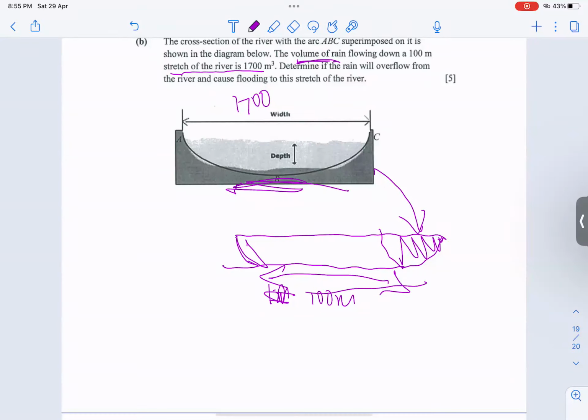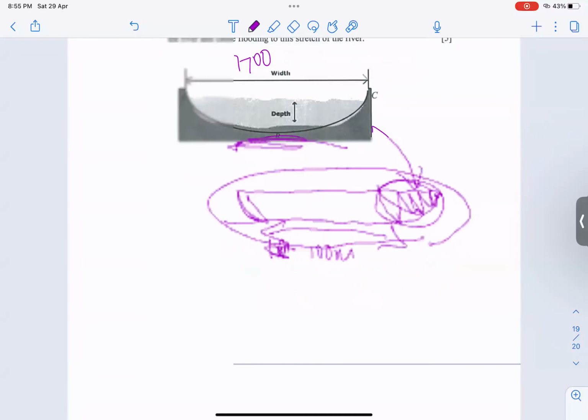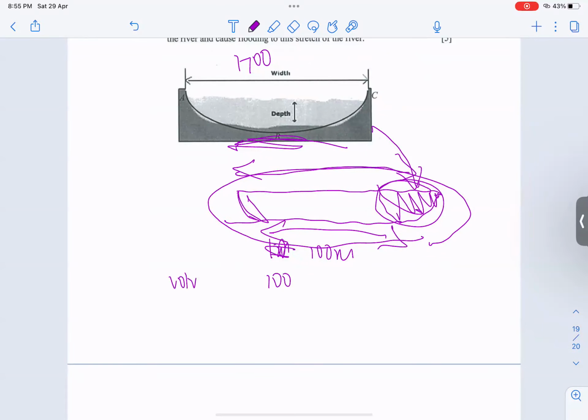If you have this, how do you find the volume? You take the cross sectional area times the whole length of the river. So volume equals 100 meters times the cross sectional area, which is this one. Then how do you find this?